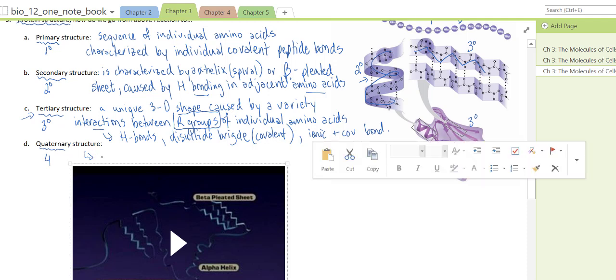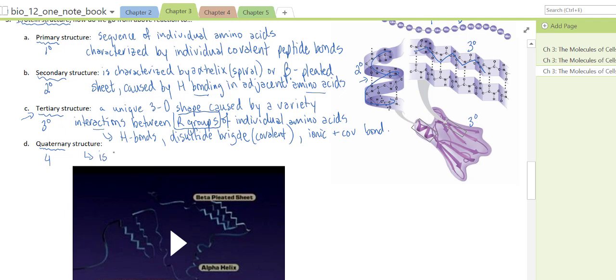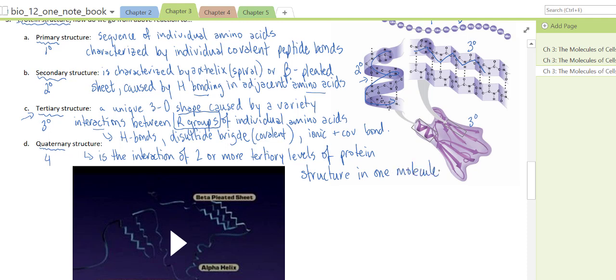So quaternary is the interaction of two or more tertiary levels of protein structure in one molecule.